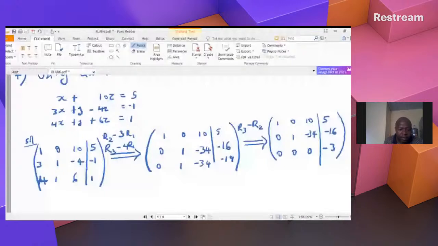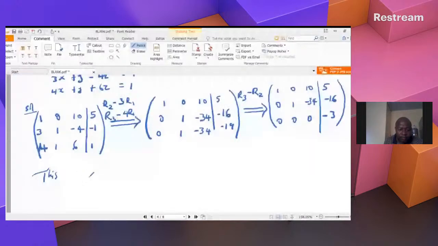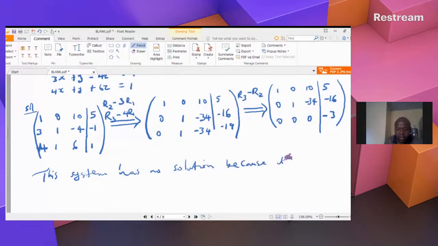So I say this system has no solution, because it is impossible that 0x plus 0y plus 0z would give a non-zero value, -3.